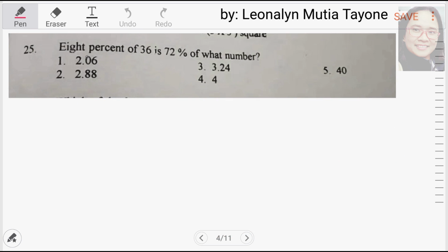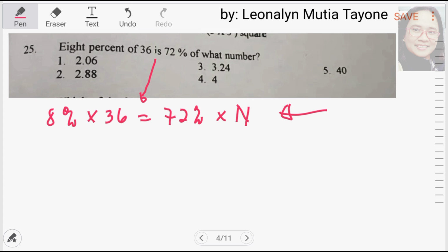Next, 8% of 36 is 72% of what number? 8% of, multiplication yan siya, 36. Ang is, equals yan, 72% of, multiplication, let n be that number. So ito na yung equation dyan. I-solve natin kung anong value ni n.